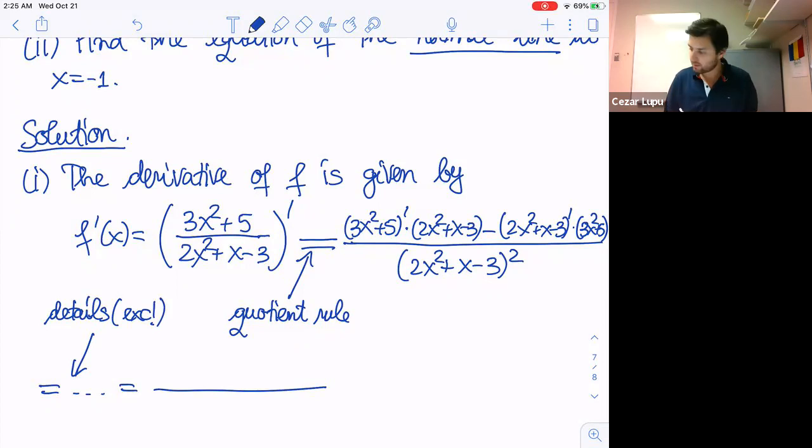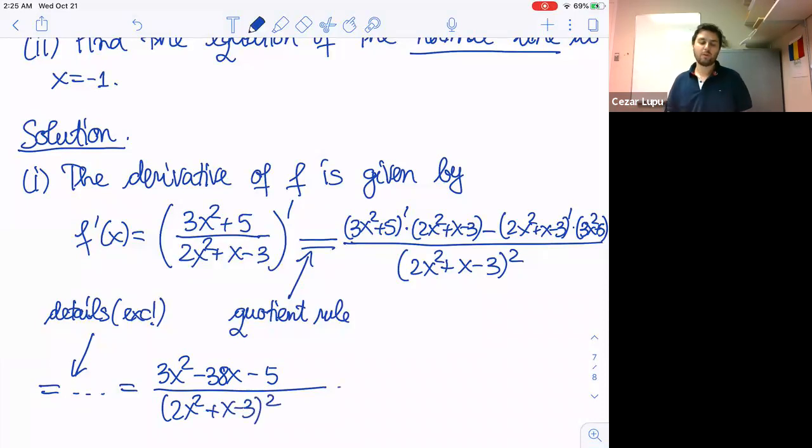It will give us, okay, this would be 3x squared minus 38x minus 5, everything over (2x squared plus x minus 3), everything squared.